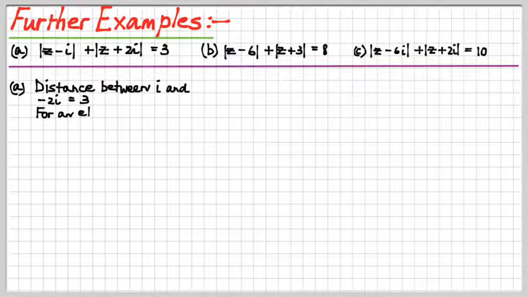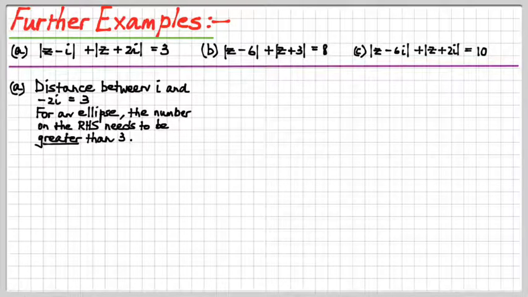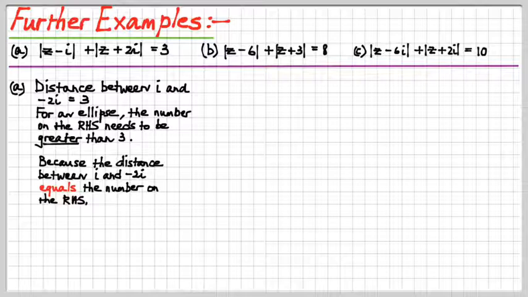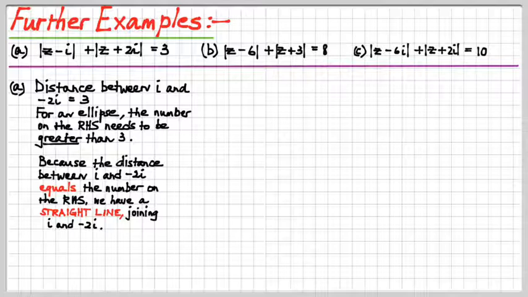Now look at the number on the right-hand side. For an ellipse, the number on the right-hand side needs to be greater than 3. Because the distance between i and negative 2i equals the number on the right-hand side, this is a straight line. It's not an ellipse, it's a collapsed ellipse, joining the points i and negative 2i.